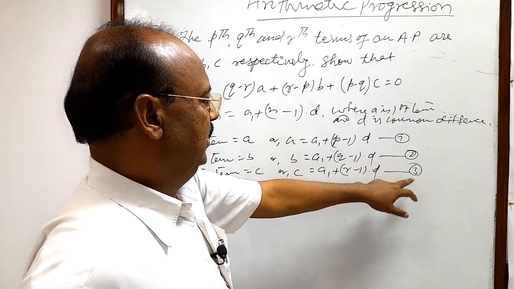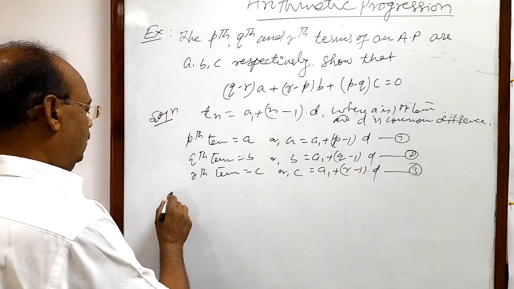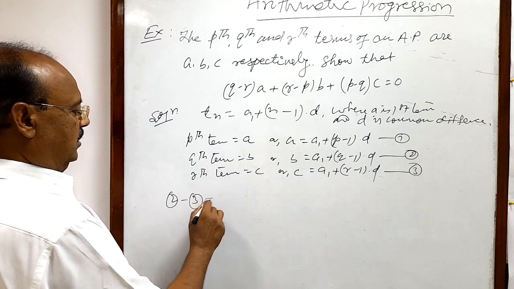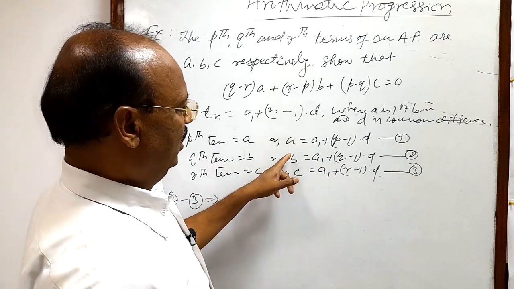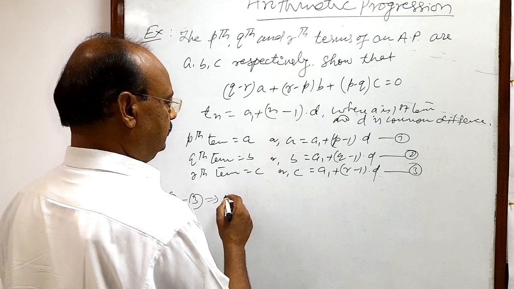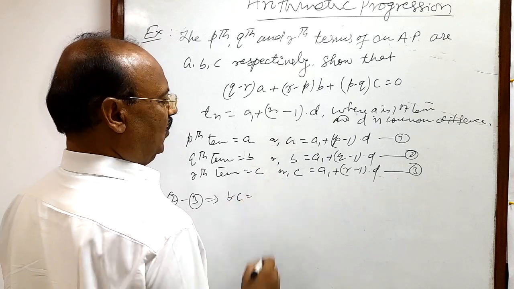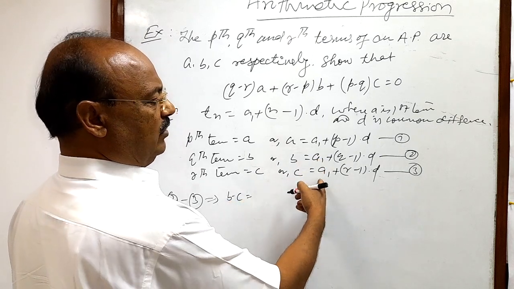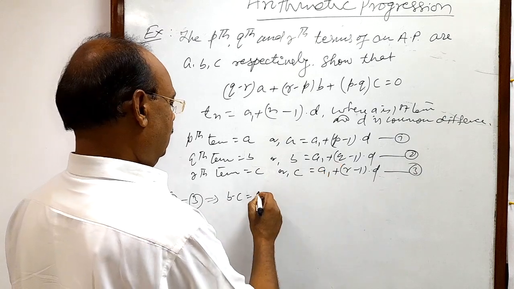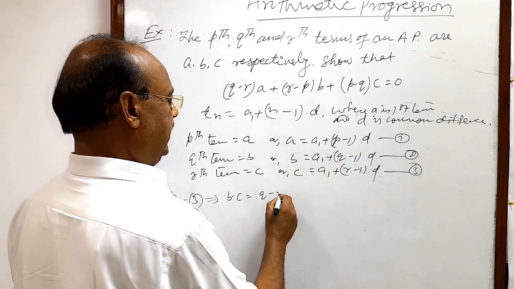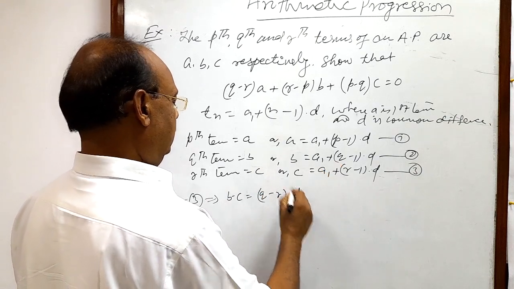So 2 minus 3 gives us, on the left hand side, b minus c, and on the right hand side a1 will be cancelled out. So we will get q minus r into d.